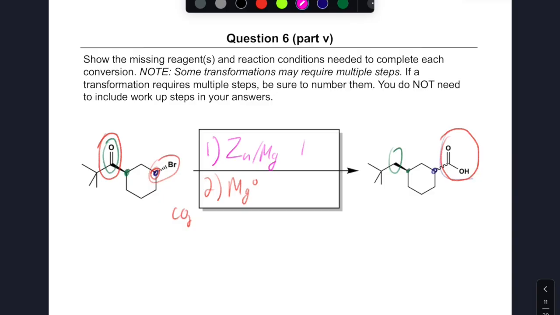The reason for that is because if I use Wolff-Kishner, remember Wolff-Kishner is nucleophilic, something like hydroxide and hydrazine, that'll actually attack this center here. So we're going in with our acidic conditions that will remove this center first. Then, second step, we come in with our magnesium and our CO2. And again, we're doing nucleophilic conditions after I've removed that carbonyl to prevent any other reactivity.